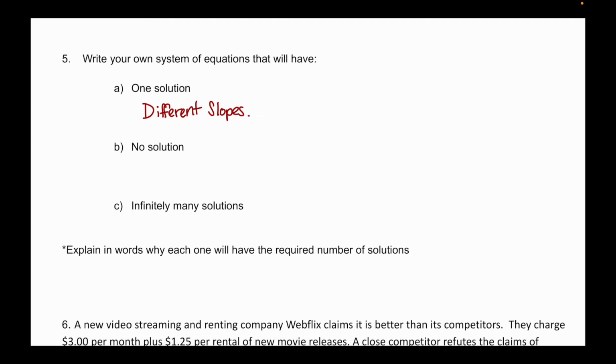So let's write something here first. Maybe I can say x plus 2y is equal to 5. Sure. We'll say x plus 2y is equal to 5. And then we can literally just give it different slopes.